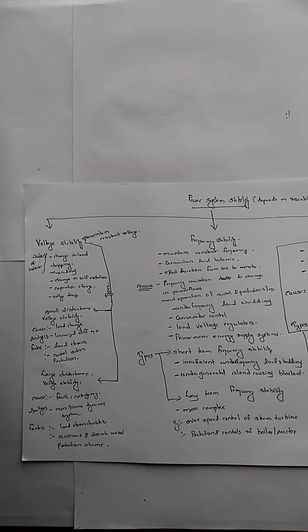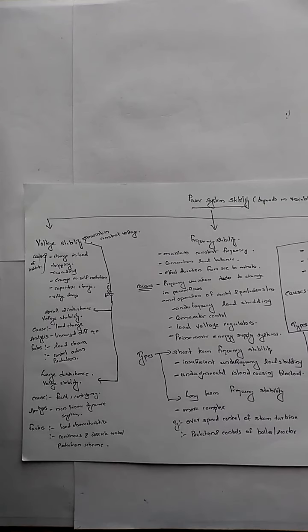We have seen the causes of instability: sudden change of load, tripping of a transmission line, malfunctioning of protective systems leading to cascading of faults, voltage drop at the transmission lines, increase and decrease of self-excitation in the generating units, or the capacitive charging in the transmission line. All these can cause voltage instability.